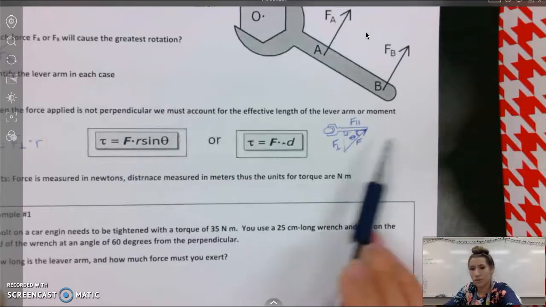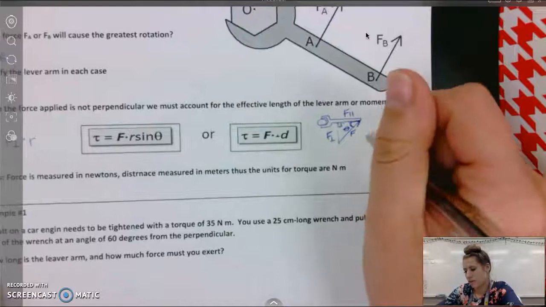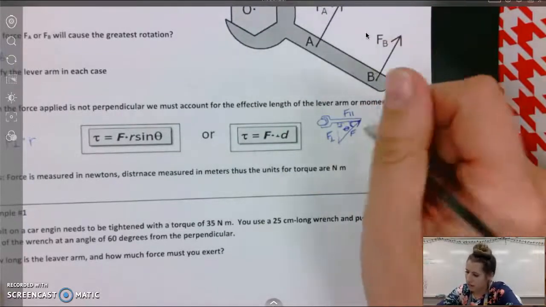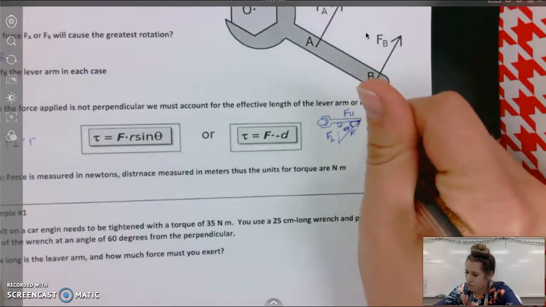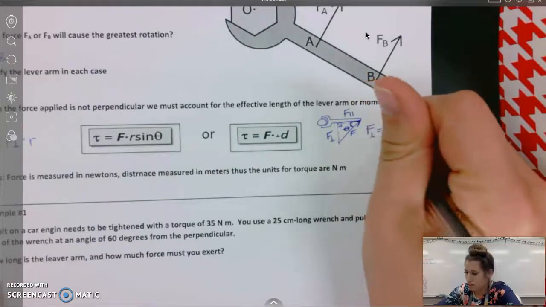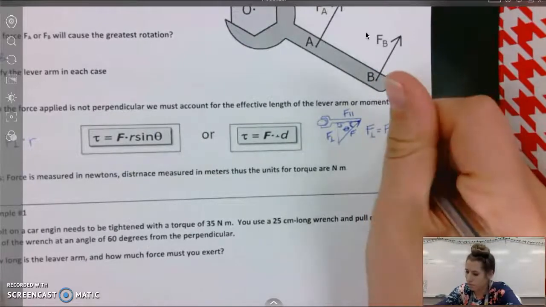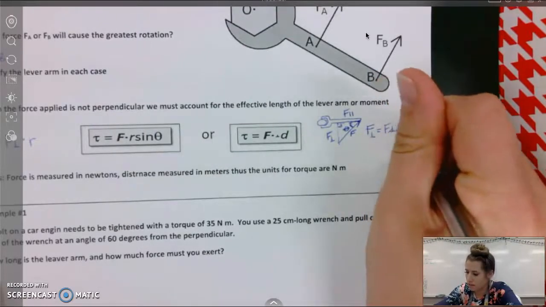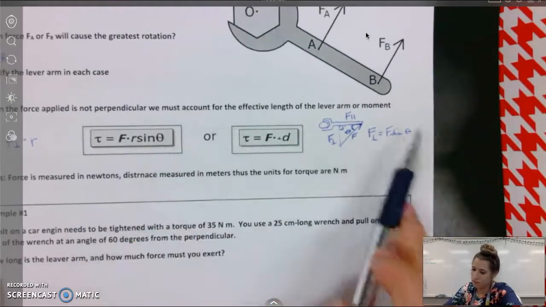And so if we rearrange that like we've done over and over again in the first half of this class, we would see that force perpendicular is equal to the whole component of the force times sine theta. So that's kind of where the sine theta component comes in.